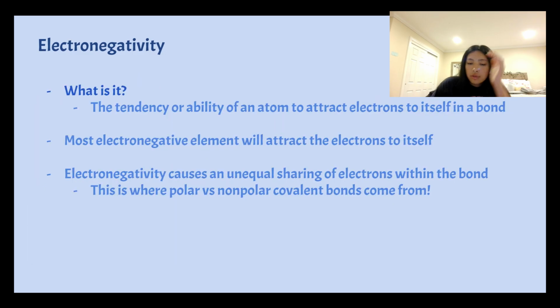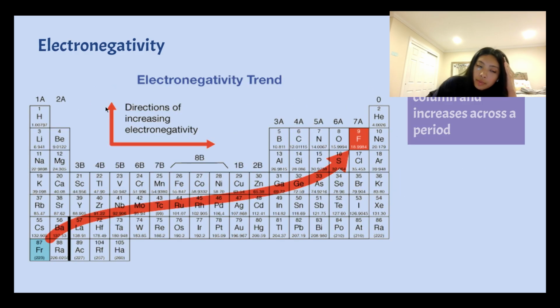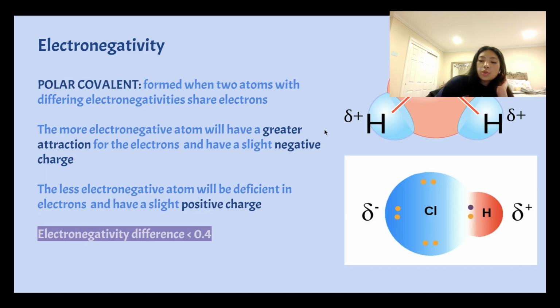So if you look at this chart over here, hydrogen is all the way up here, so it's not very electronegative, whereas oxygen is all the way to the right of the period, and therefore it has a very high electronegativity, and that's why it's able to attract electrons and have a partial negative charge. And since there's a partial negative charge on the oxygen, this allows for the molecule to be polar.